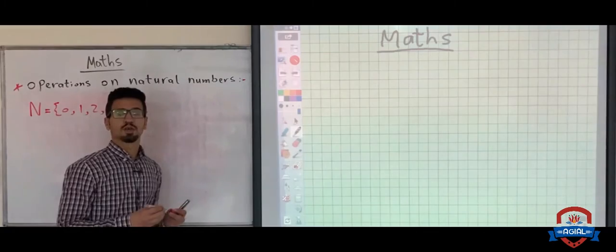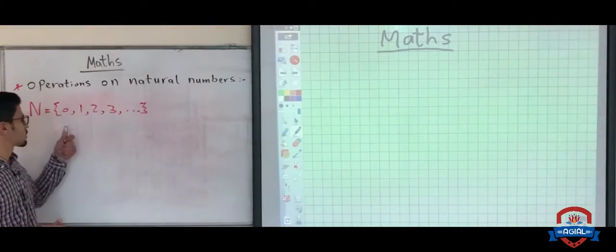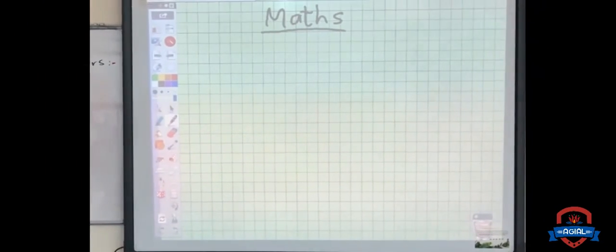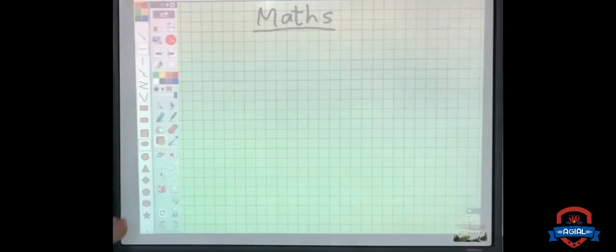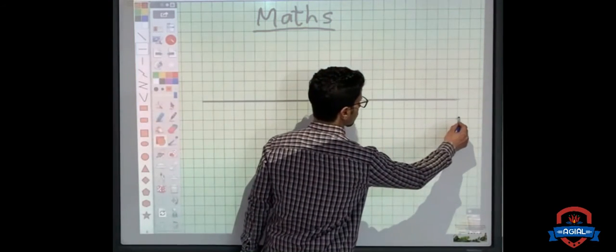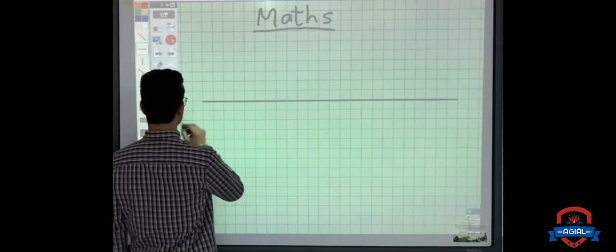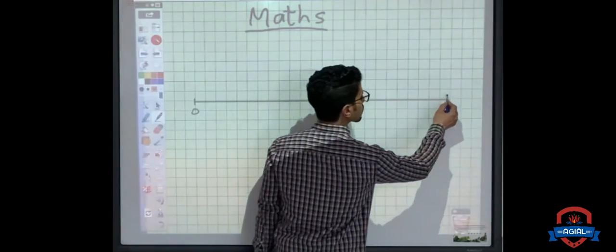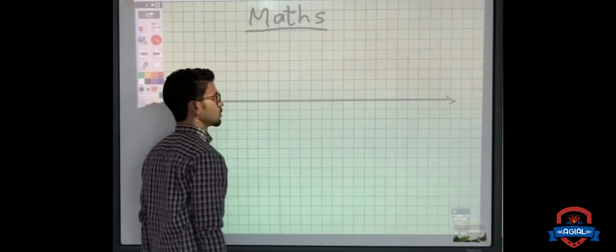In the set we have a start point and no end point, and we have studied how to represent the set on the number line. So we have to use this ray. We draw this line segment, then we have a start point as 0 and no end point, so we use this arrow.